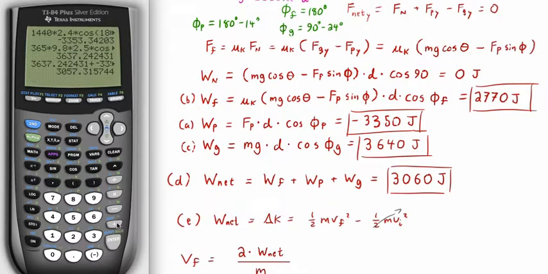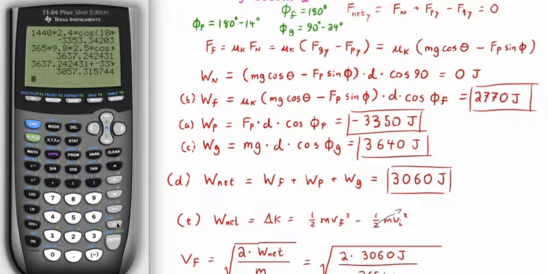That's 2 multiplied by 3,060 joules, all divided by 365 kilograms.